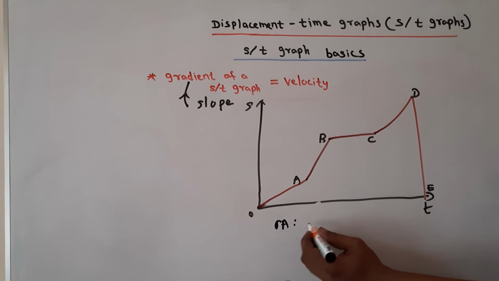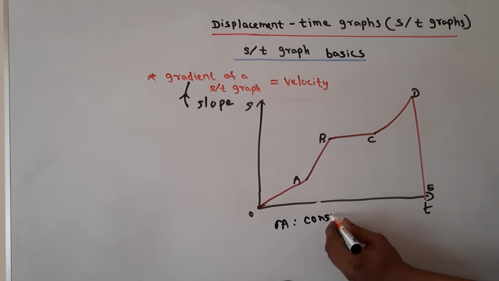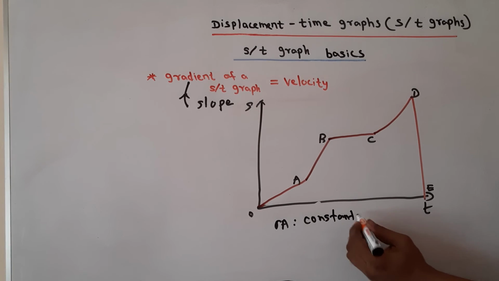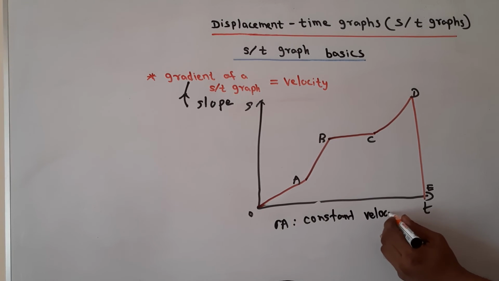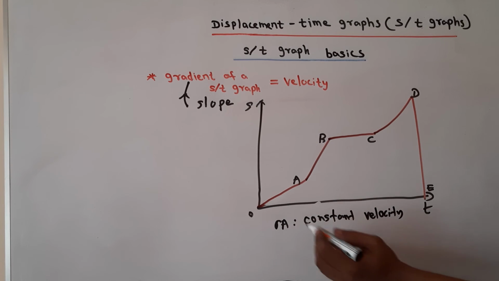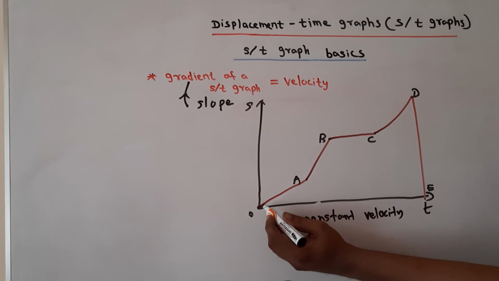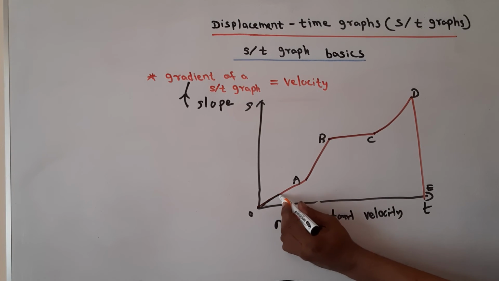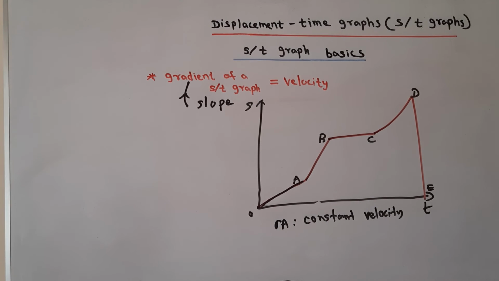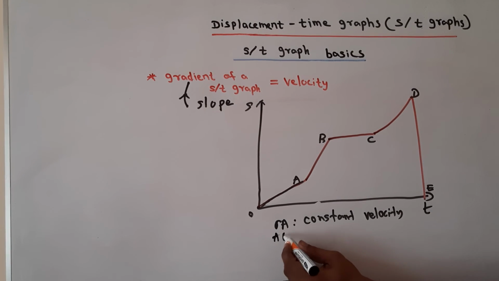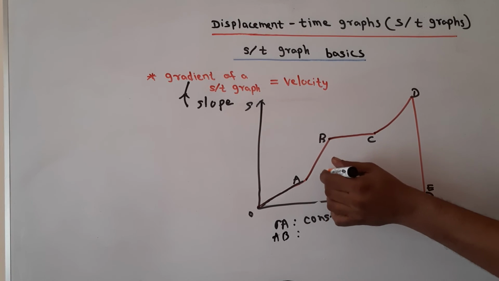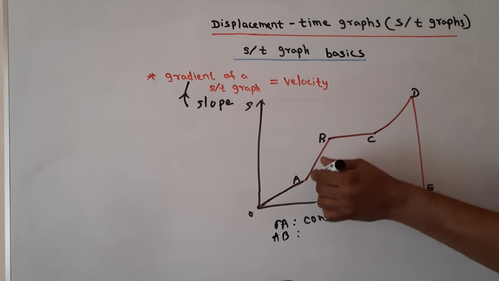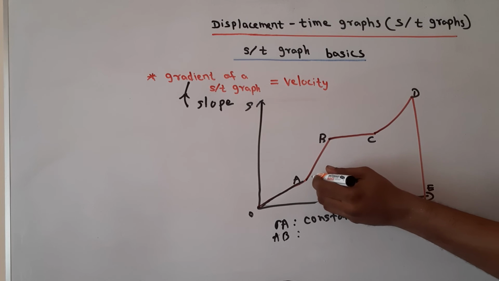OA, constant velocity, because the gradient is constant. This is just a straight line. And A to B, this is also constant velocity, but this is steeper.